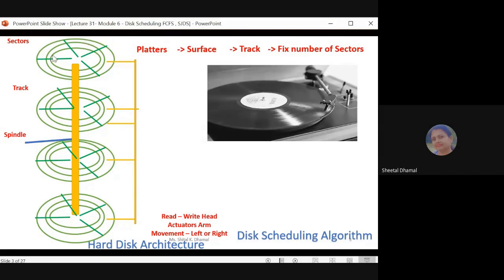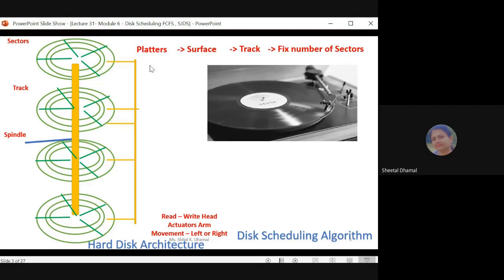Suppose 250 tracks are there on the upper surface as well as on the lower surface, and suppose on those tracks 512 sectors are present on the top surface, then 512 sectors are present on the lower surface also. This case is similar for each platter.